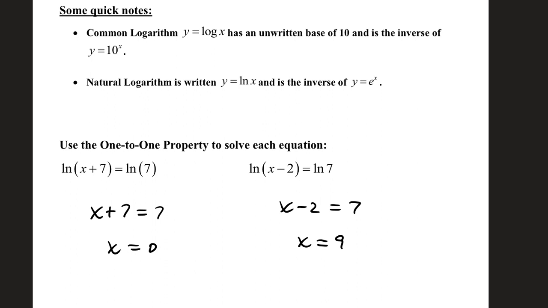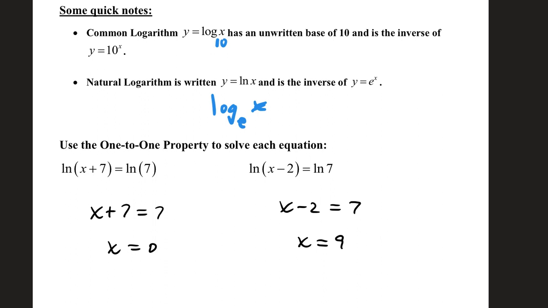A natural log is the same as log base e. But as mathematicians, we don't write log base e, we shortened it to ln. So log base e of x is the same as natural log of x. And again, common log has a base number of 10 that just isn't written, like the 2 on a square root.